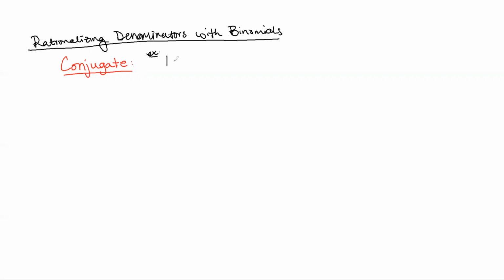So let's say we had 1 plus the square root of 2. Well, the conjugate would be 1 minus the square root of 2. If we had the square root of x minus the square root of y, well, this one's already negative, so we're going to flip it and it becomes the square root of x plus the square root of y.